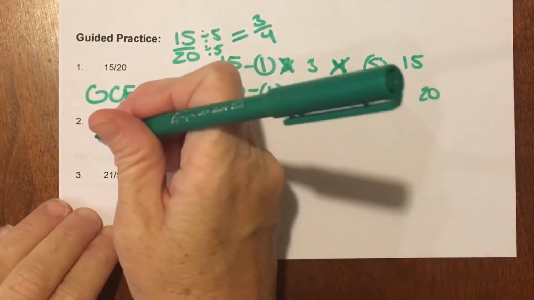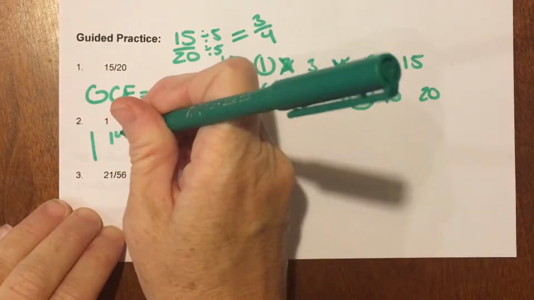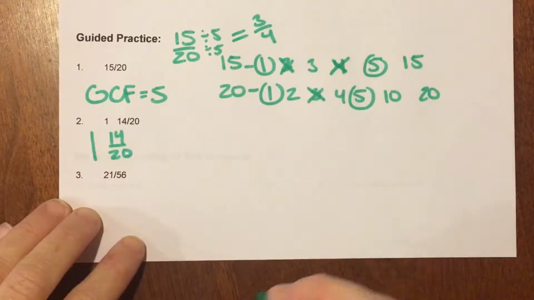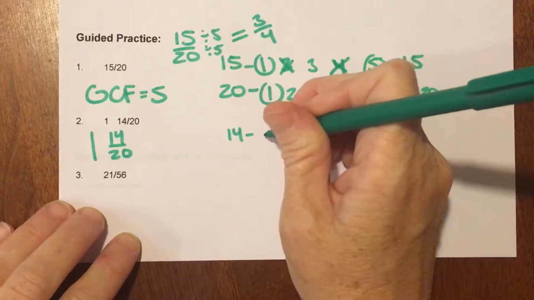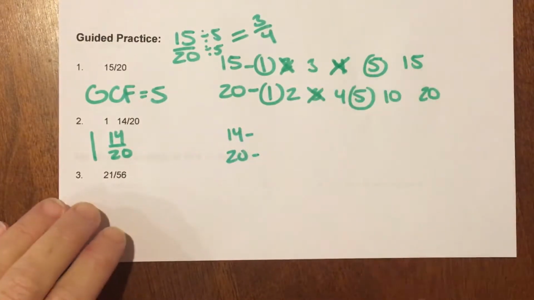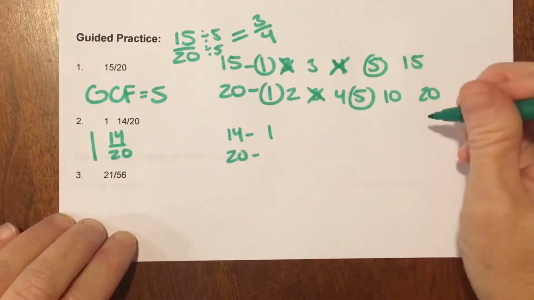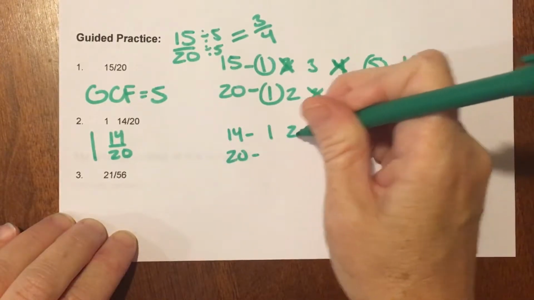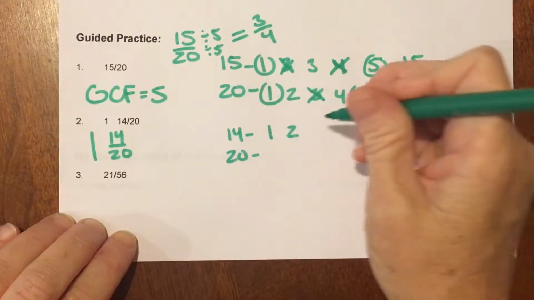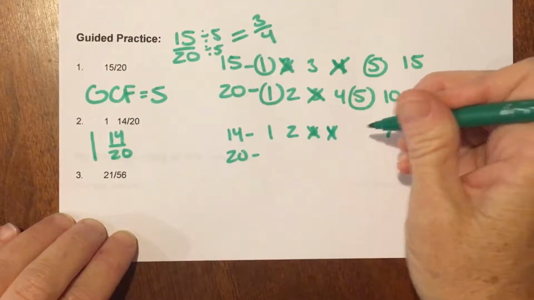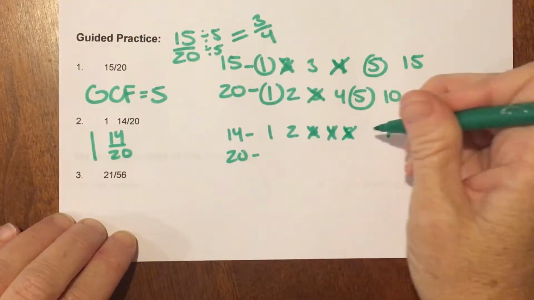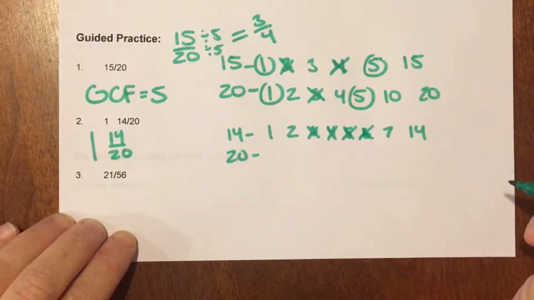I'm going to write it a little different: 1 and 14 twentieths. So I have 14 and 20. Let's find the GCF. 1 times 14, 2 times 7, 3 doesn't work, 4 doesn't work, 5 doesn't work, and 6 doesn't work.